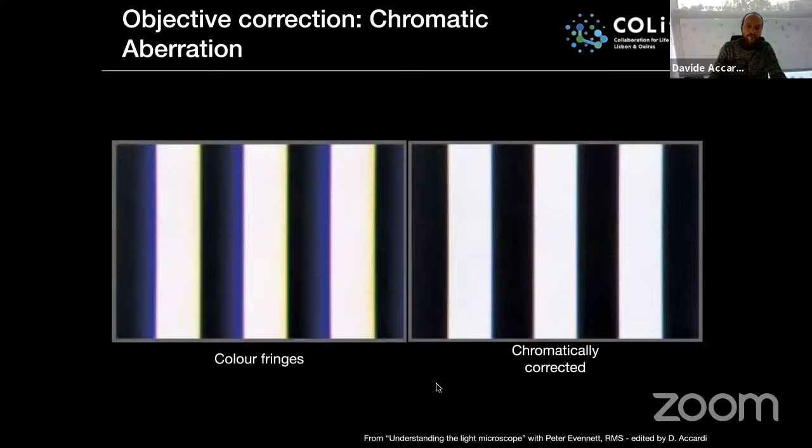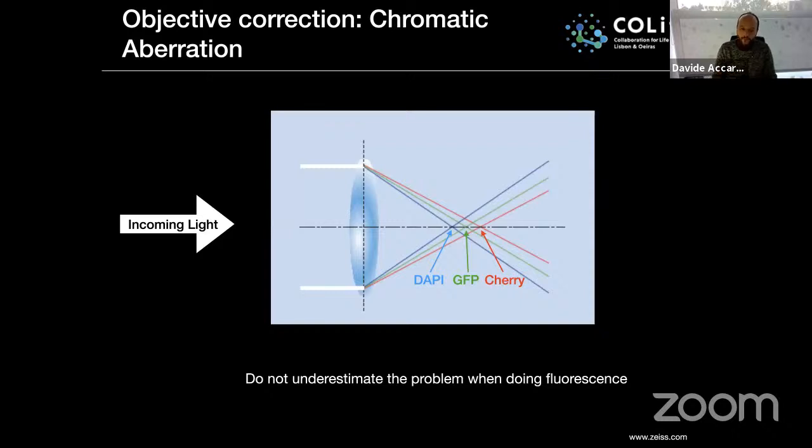So then, said this, it's important that you don't fall into the mistake of thinking that chromatic aberration will affect only your bright field images and might not be really important if you do fluorescence. This is not true. In fact, the dispersion of the different wavelengths will be there even if you observe wavelength by wavelength.